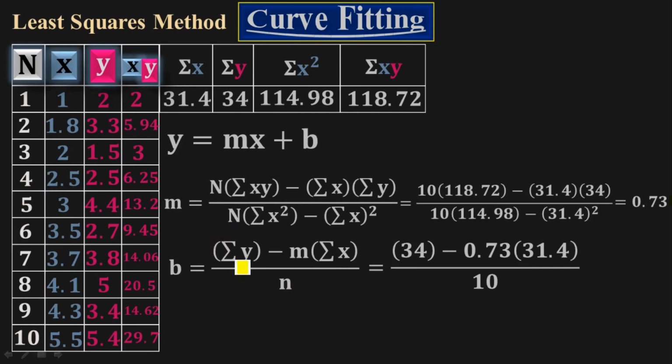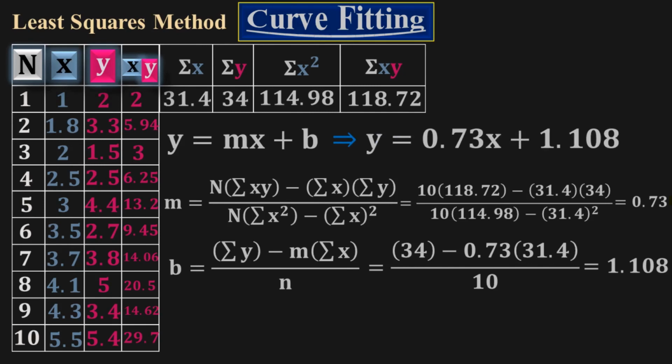How many points? 10. So all over 10. Simplify the expression. At the end you will get 1.108. This is going to be the y-intercept, which is b. So plug in the values of m and b in the equation. You will get y equals 0.73x plus 1.108. That's how we got the equation of the line.